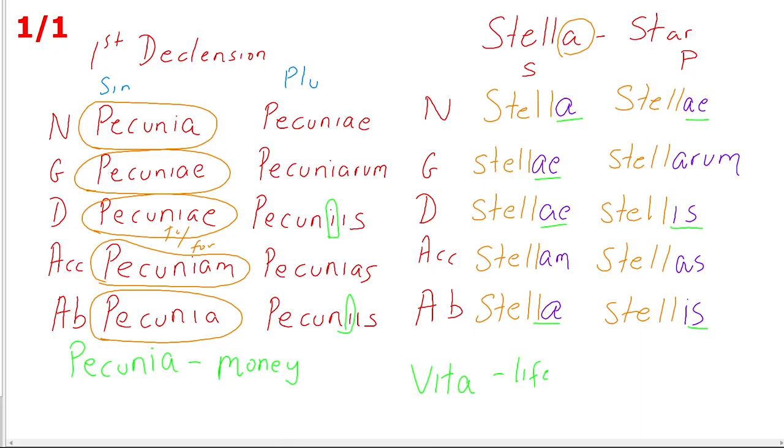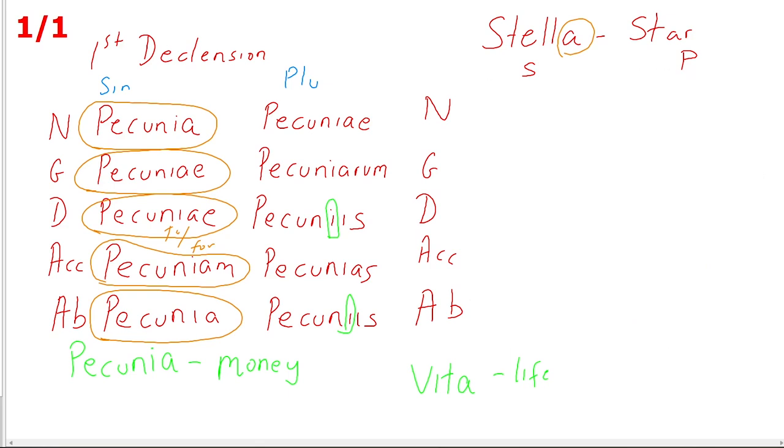Okay, we'll take a look at Vita. So what would be the nominative singular? Vita. Genitive? Vitae. Then dative singular will also be vitae.